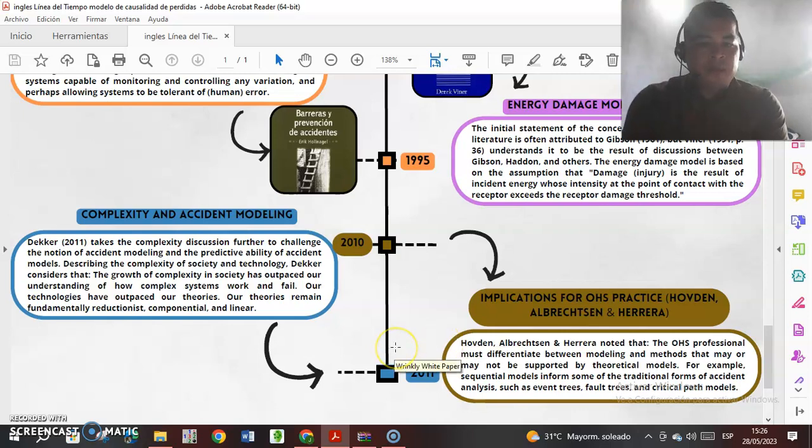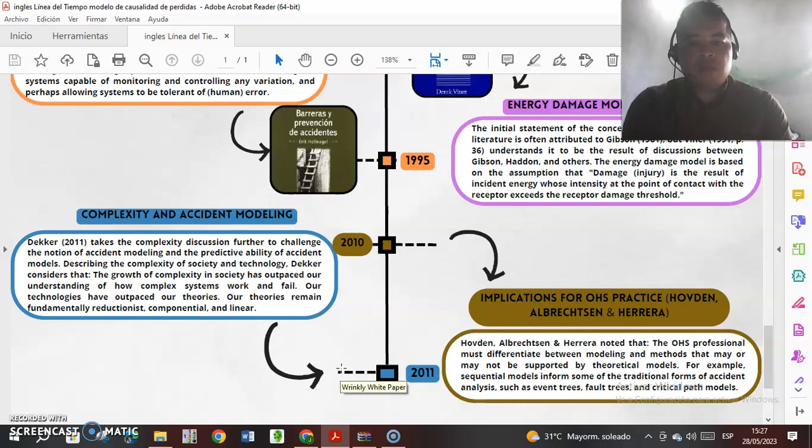Hollnagel, Albrechtsen, and Herrera noted that professionals move differently between modeling and the methods that might or might not be supported by theoretical models. For example, second-tier models inform some of the traditional forms of accident analysis, such as event trees, fault trees, and critical path models.